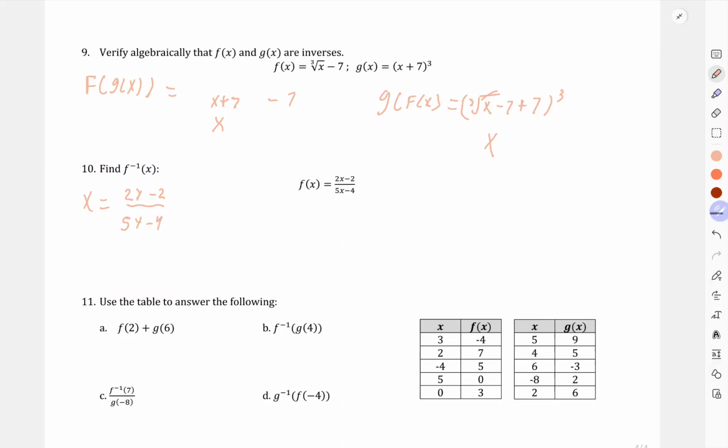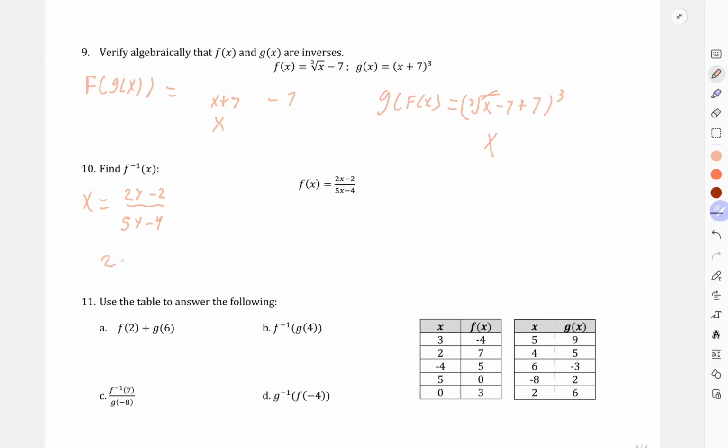Minus 4. Okay, now what you do here is you basically interchange the variables, you swap the sides, and when you multiply the two sides, you are left with this, right?